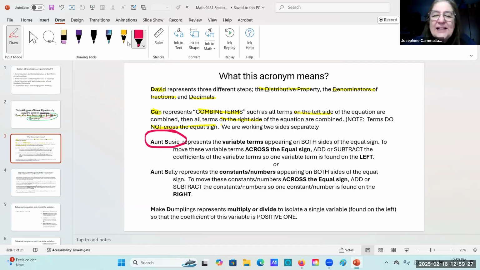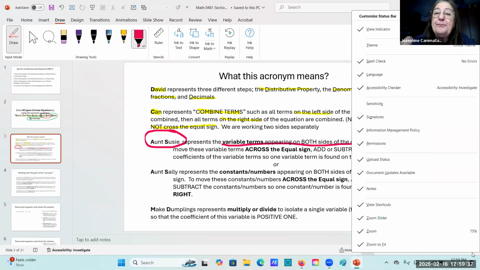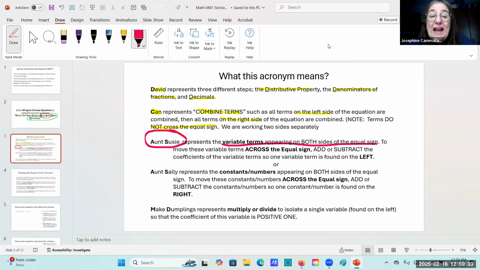That's where Aunt Susie comes in, because our variable terms are going to appear on both sides of the equal sign. When that happens, you are moving the variable terms across the equal sign, which means we're adding and subtracting. But there's a little catch.